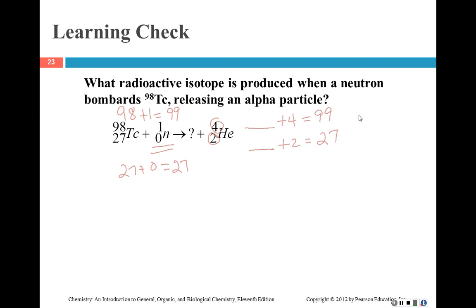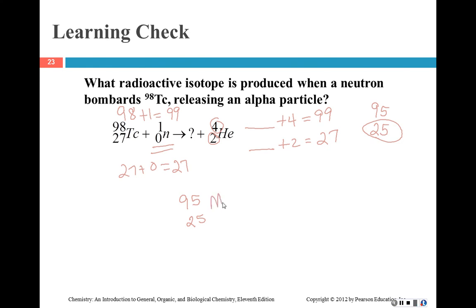If you think about 99 minus 4, that gives you what? 95. And then what plus 2 gives you 27? 25. So what we have to do is look and see what element is number 25. I believe number 25 is manganese, if I'm not messing up completely. And so we should have manganese 95.